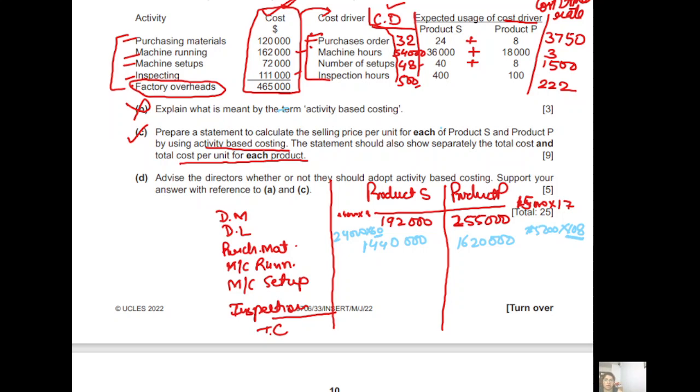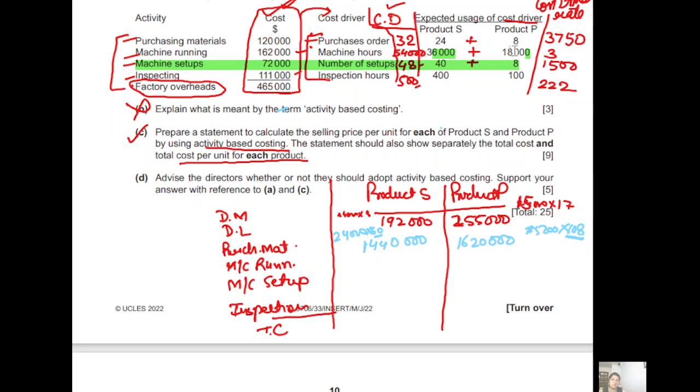For product S, my machine running is 36,000, and for product P, the machine running is 18,000 hours.